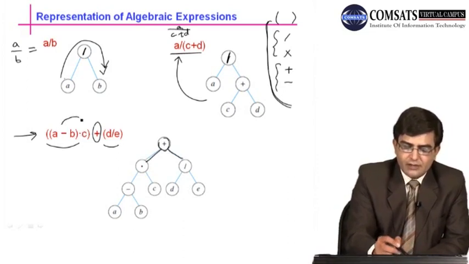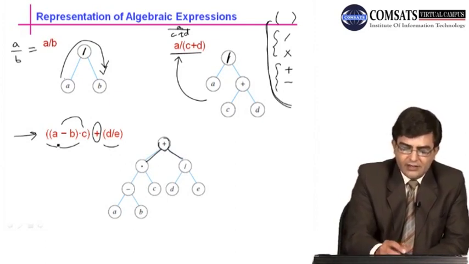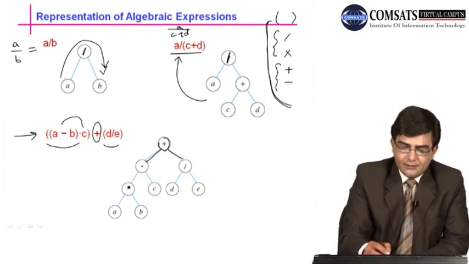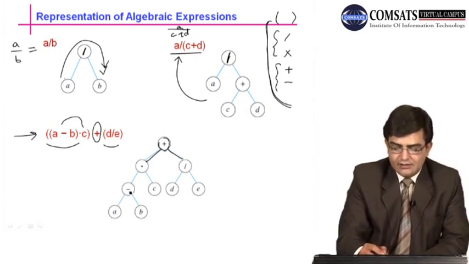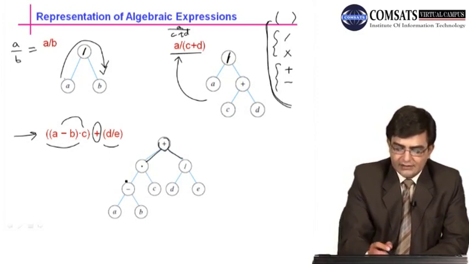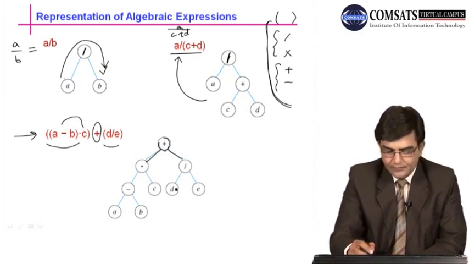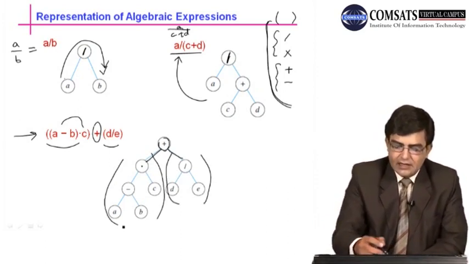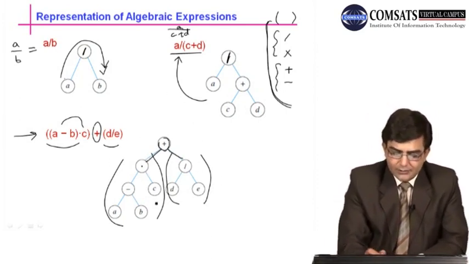We have two numbers which are multiplying, so we write dot. Dot has two children, one is C and the other is the subtraction of A and B, so we write minus, and then there are two children of this minus, A and B. On the right side we write division, D divides E. So this is one bracket and this is the other bracket. We simplify this bracket, then plus this bracket.